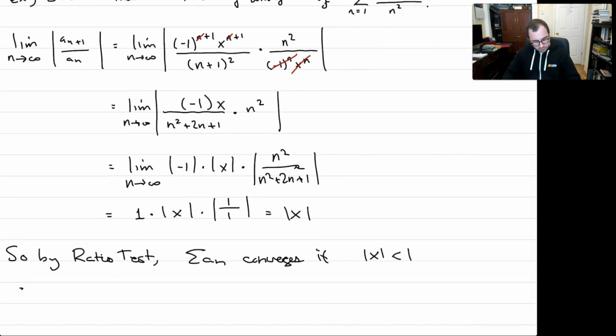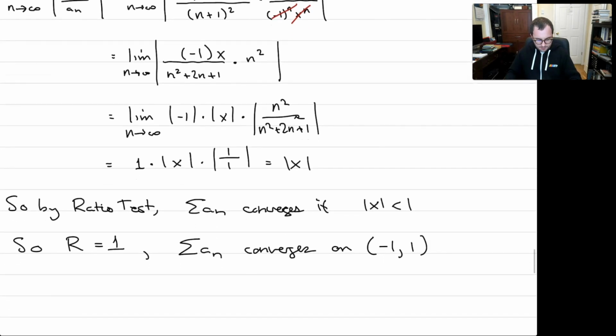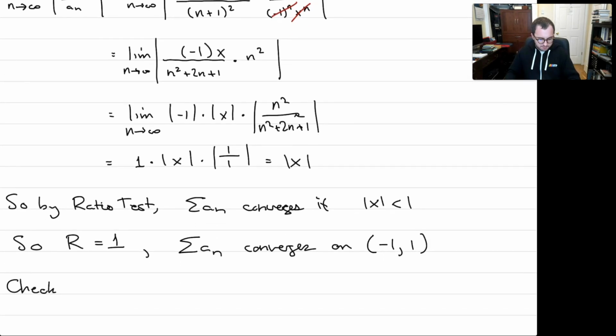All right, so the radius of convergence is equal to 1, and the series converges on the open interval negative 1 to 1. Guaranteed, this series converges for every value of x between negative 1 and 1 non-inclusive. Now we need to check the endpoints to see if it converges or diverges on the endpoints. So we'll check the endpoints.